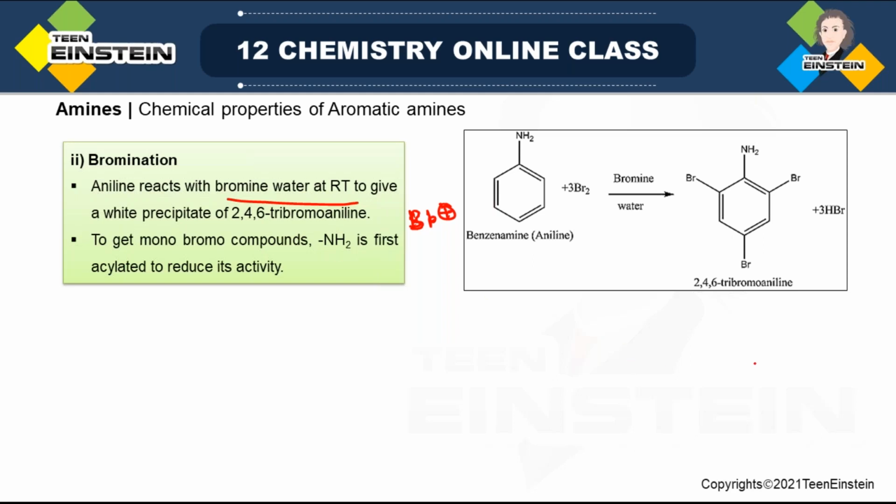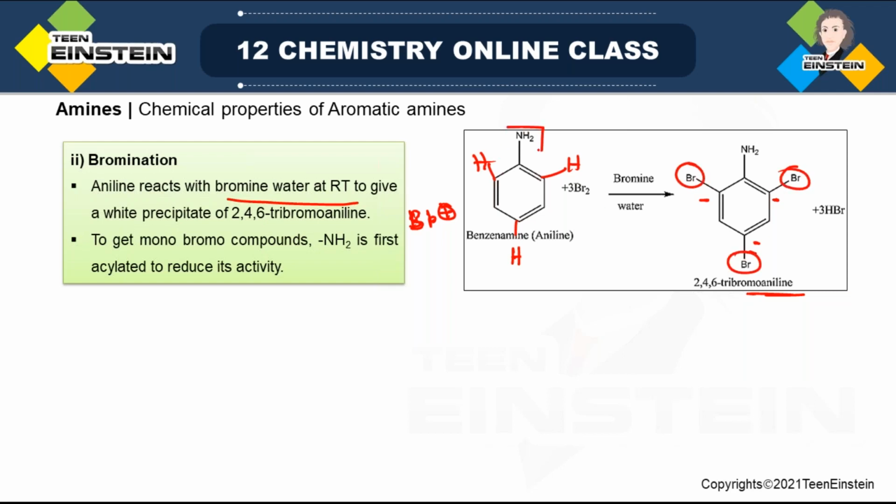You will get a white precipitate of 2,4,6-tribromoaniline. So here both the ortho positions and the para position all undergo electrophilic substitution. That means all these three hydrogens are now replaced by Br, isn't it? Now, why are we getting tri-substitution?